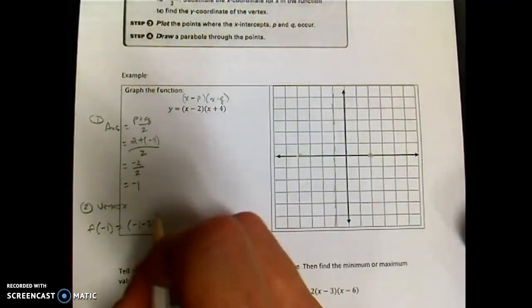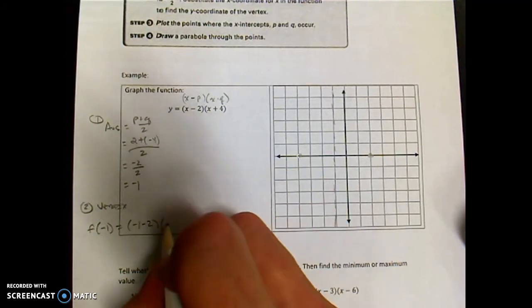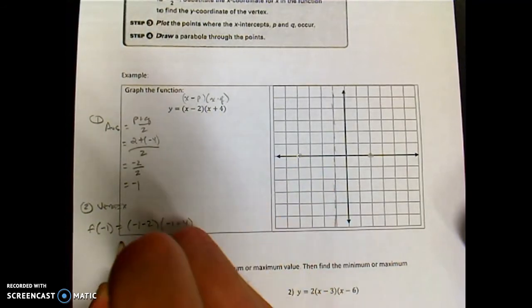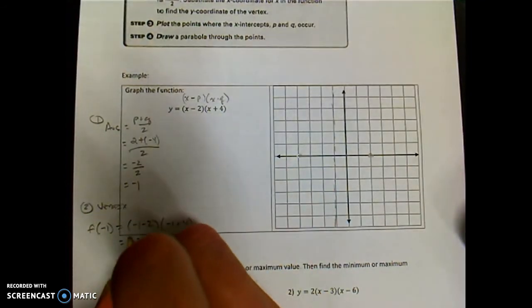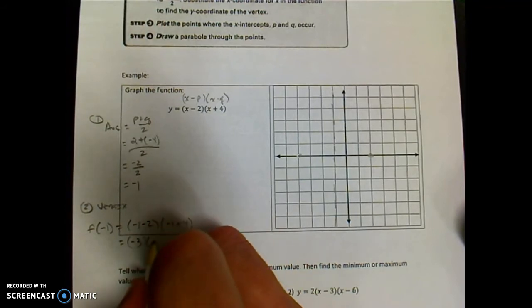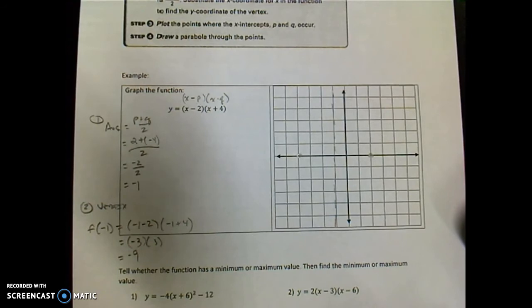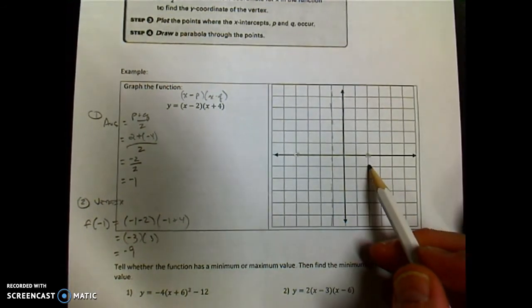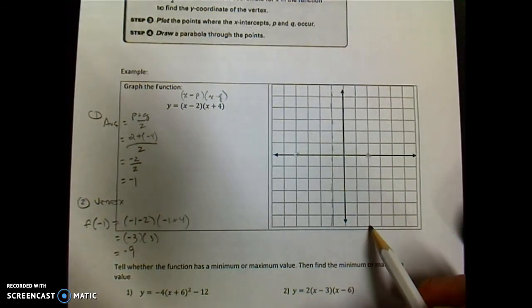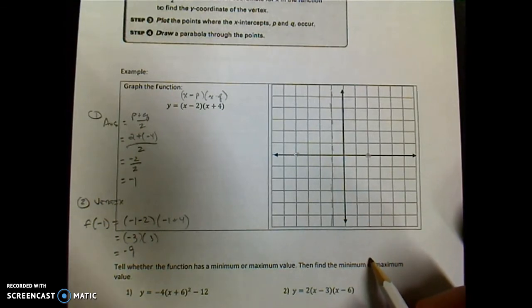Negative 1 minus 2 times negative 1 plus 4. That's negative 3 times positive 3. That's going to be negative 9. 1, 2, 3, 4, 5, 6, 7, 8. We'll call it about right there.